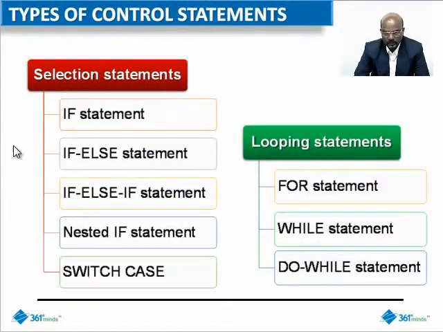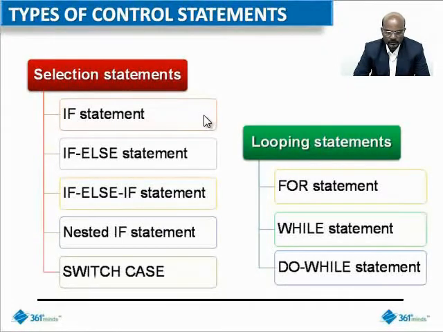As I told you, the control statements could be either selection statements or looping statements. As examples of selection statements, you have the if else, else if, nested if, or the switch case. And when it comes to looping, you have the for statement, the while statement, and the do while statement. The selection statements are more of conditional statements, like the if statement, for example.